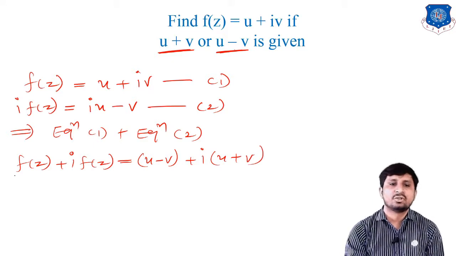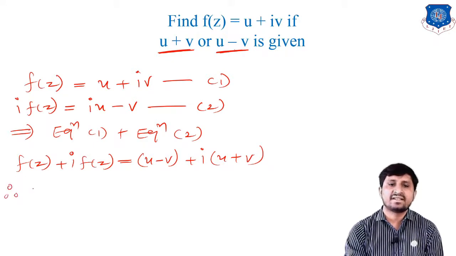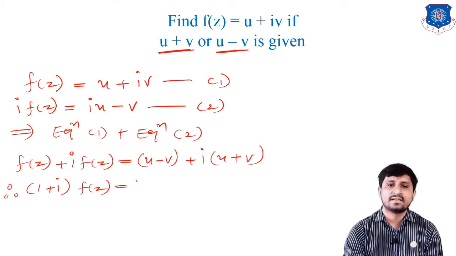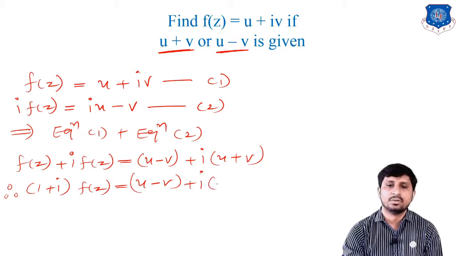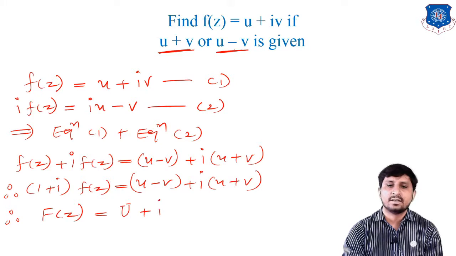So on the left hand side I can write 1 plus i into f of z, since f of z is a common term, that is equal to u minus v plus i into u plus v. That is 1 plus i into f of z, capital F of z, equals u minus v, that is capital U, plus i into u plus v, just assume capital V.